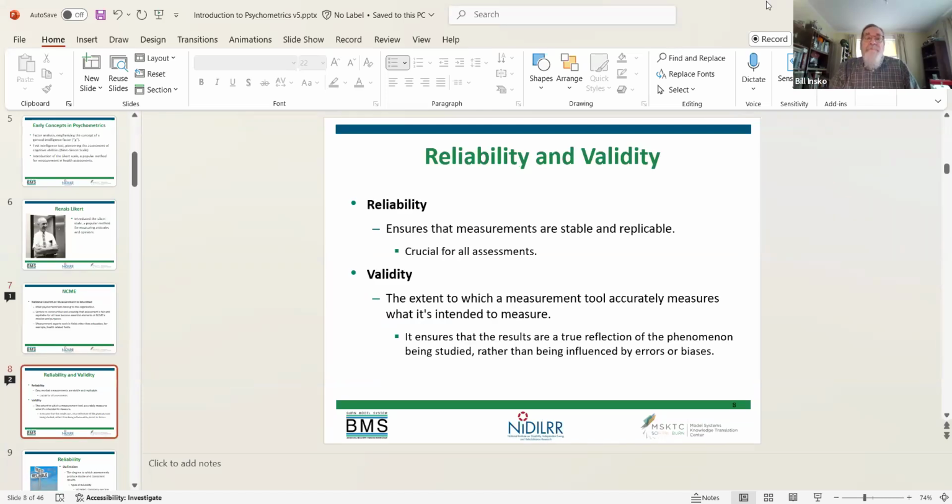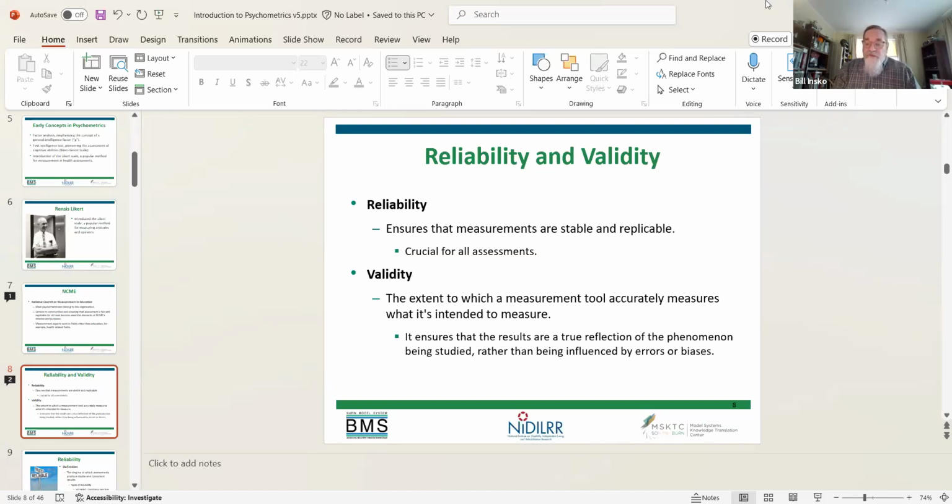So let's really get started here. Probably the two most important concepts in psychometrics are reliability and validity. I know that each of you have heard of that. Reliability ensures that measurements are stable and repeatable. You can replicate them. Validity, on the other hand, is the extent to which a measurement tool accurately measures what it's intended to measure.